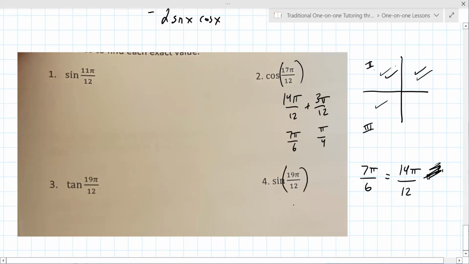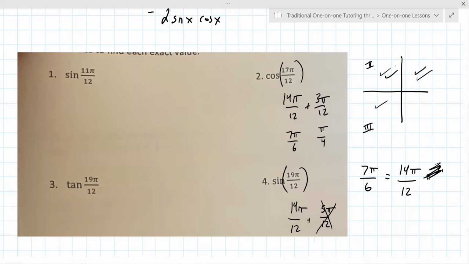With 19 pi over 12, you can say, okay, well, I'll start with 14 pi over 12, plus I need 5 pi over 12. Well, that doesn't work, because you don't know that one. So then you increment in that quadrant. You're like, all right, what's the next one? What's another way to get there?